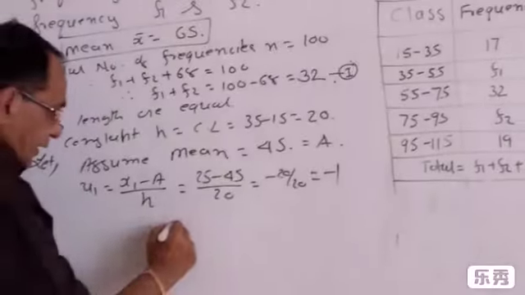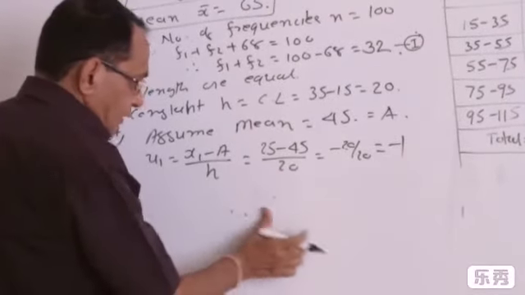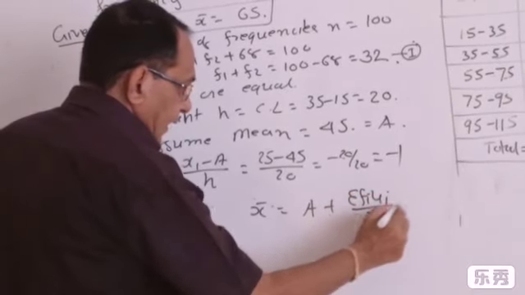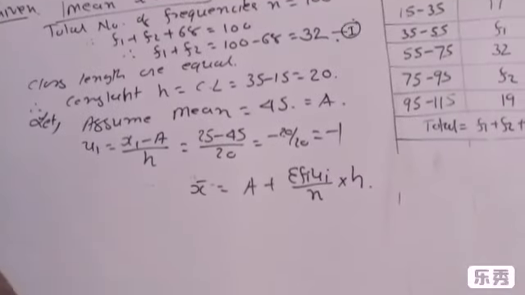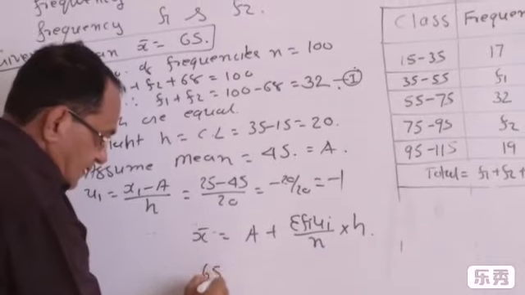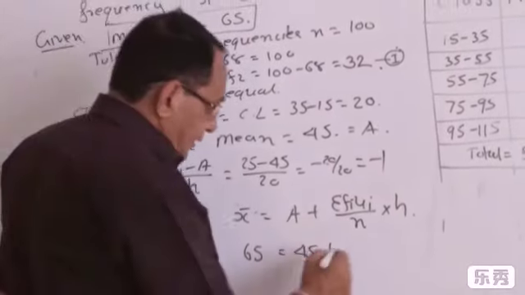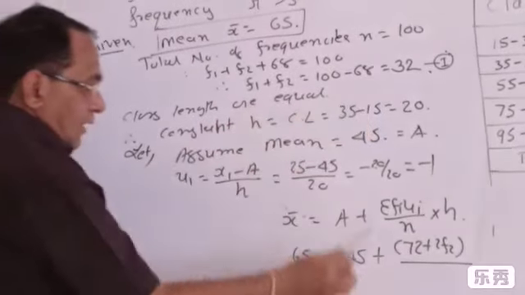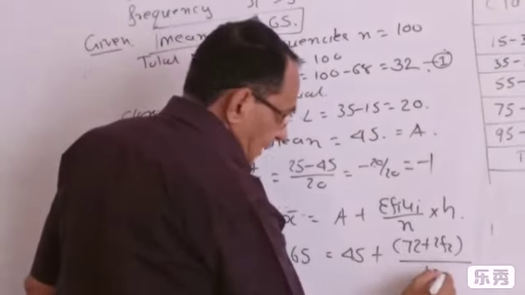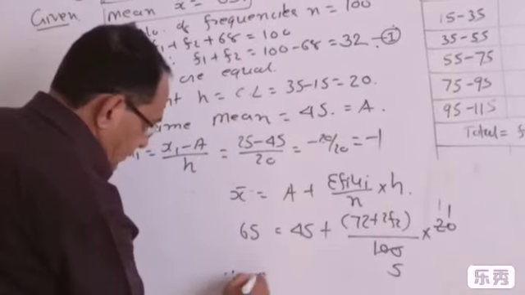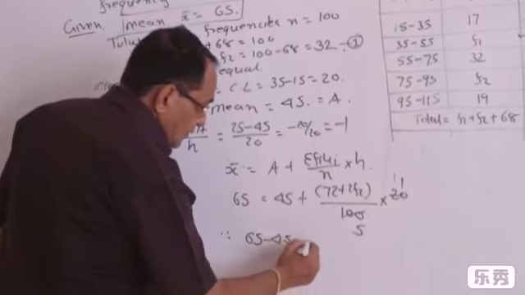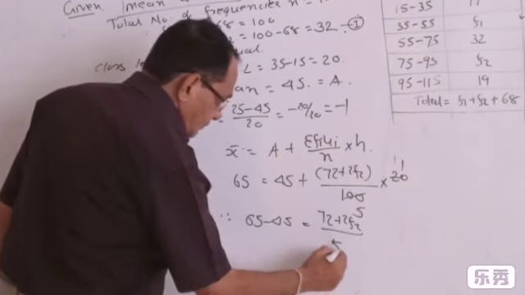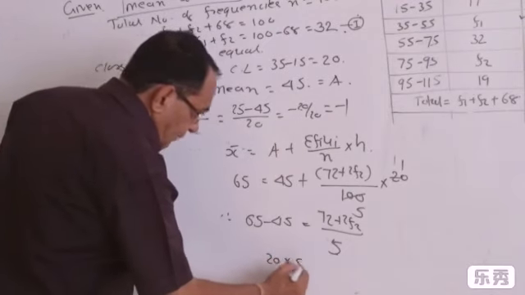The formula is x bar is equal to A plus sigma fiui upon n into h. x bar is given as 65, A is 45, sigma fiui is 72 plus 2f2, n is equal to 100, the total number of frequencies, and h is 20. So 65 minus 45 is equal to 72 plus 2f2 upon 5. That is 20 multiplied by 5.